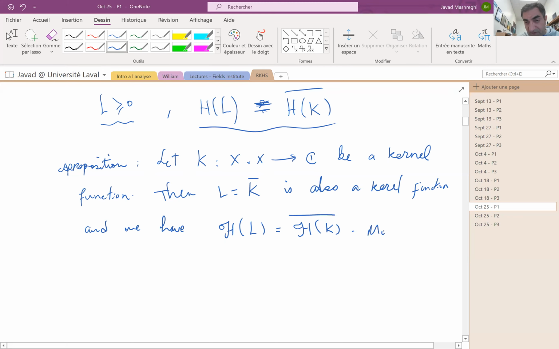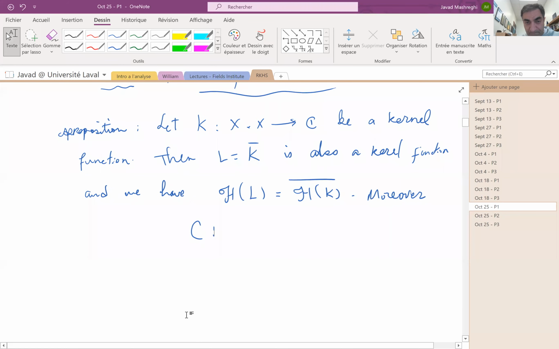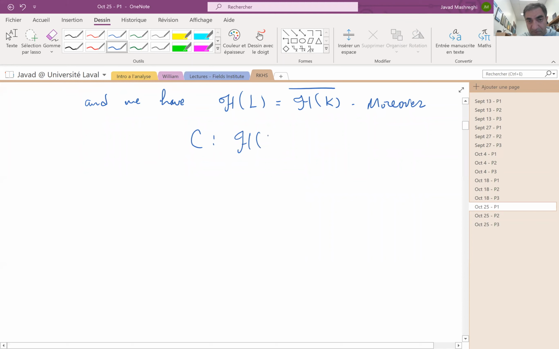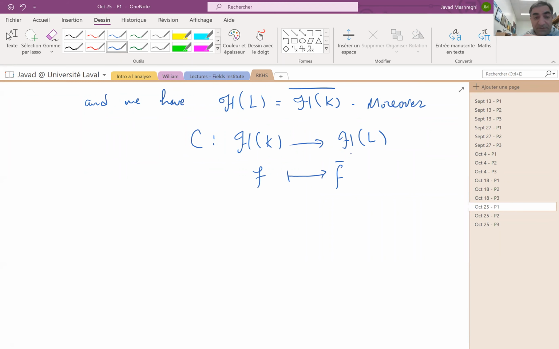Moreover, we have a very natural map, C, defined from one to the other, for example, from H of k to H of L, sending f to f bar, which is a surjective conjugate linear isometry.